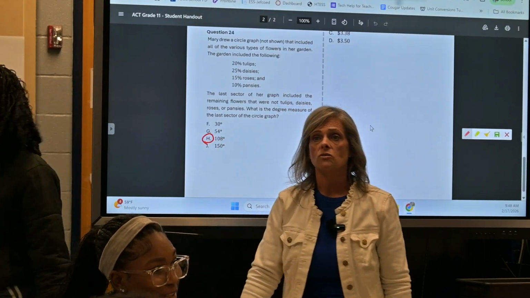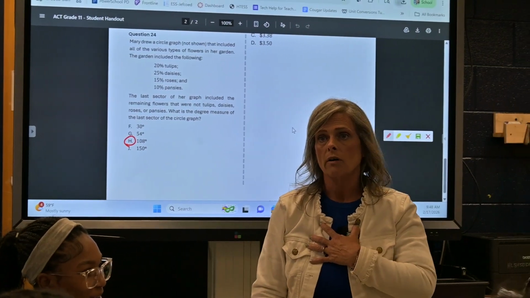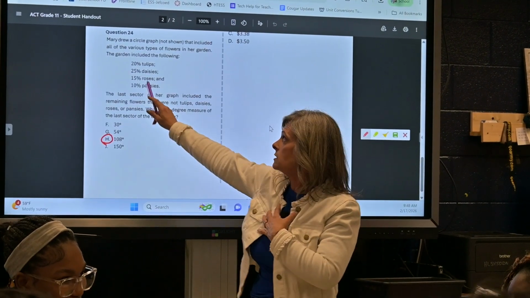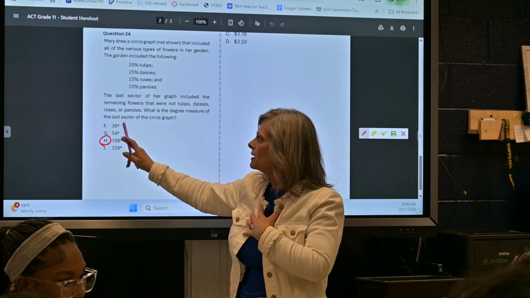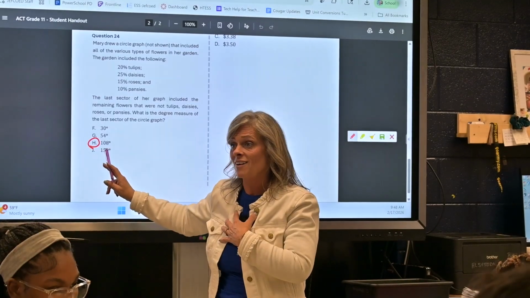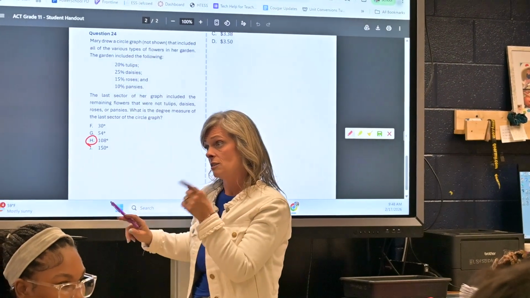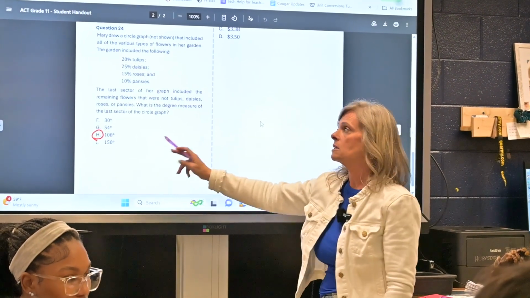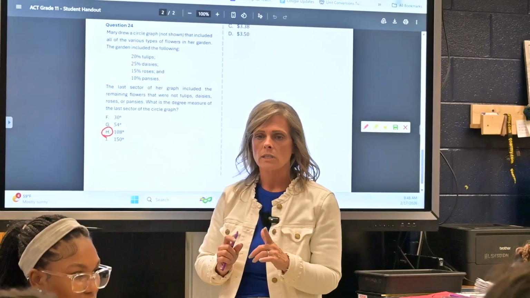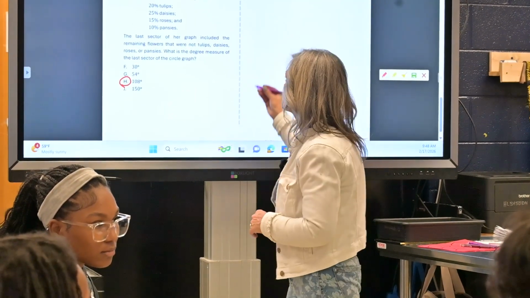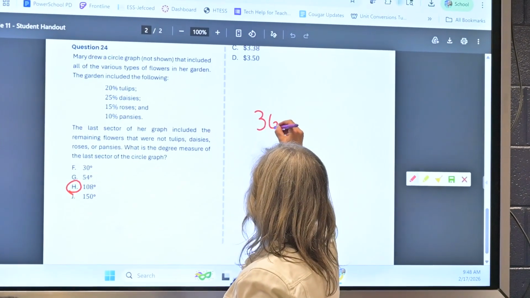So guys, we would have gotten this wrong. And that would have been Miss Barden's fault, right? Because I looked up here and I saw all these percents, and then I assumed that those were percents, and they're not. They're degrees, and that was a very good catch. Good job. Okay, so guys, let me just explain it to you one more time. So she took 360.